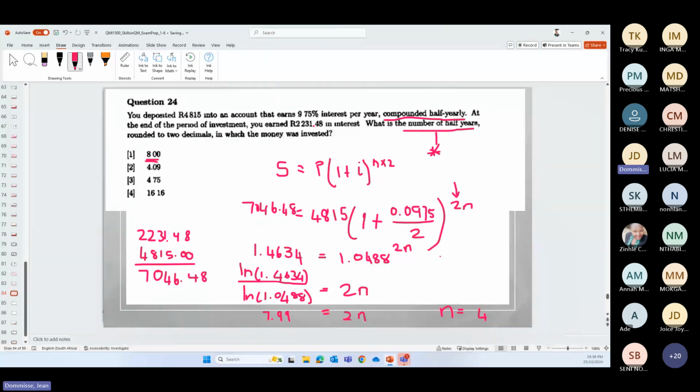Okay, what would you guys have done if you had done this with the formula? Because if I look at a question like this, it might be something that you guys can get tomorrow.